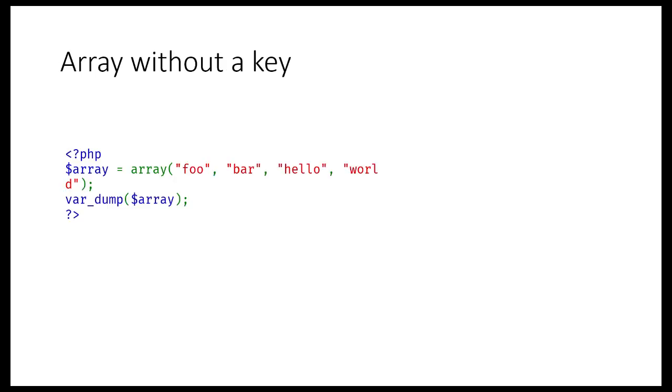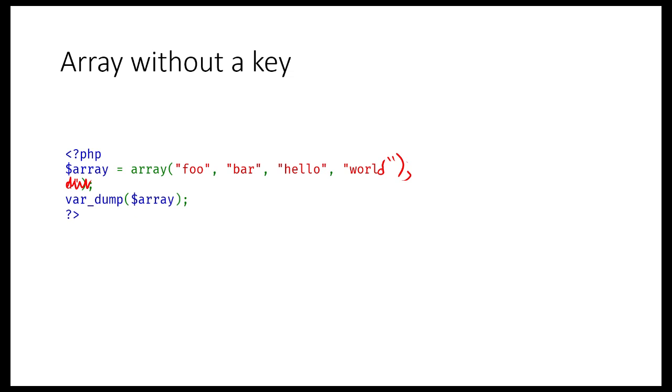So again, we can create an array without a key, which is what they did here. Apologies, this should go like this. So in this case, somebody wrote foo, bar, hello, world. So we've got an array with 4 values.